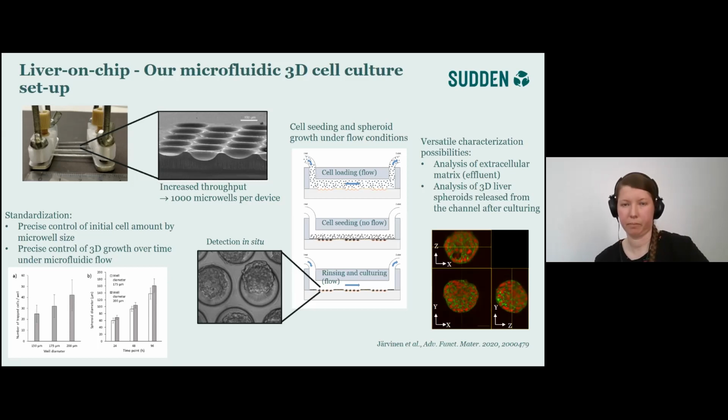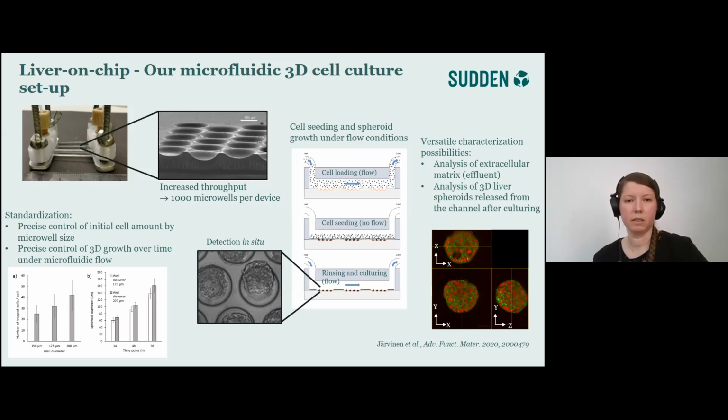So the cells are sedimented into the wells, and we start the flow in the channel again and rinse off the cells that are not inside the wells, and then we start culturing the cells under flow conditions. With this system, the surface is made cell repellent.